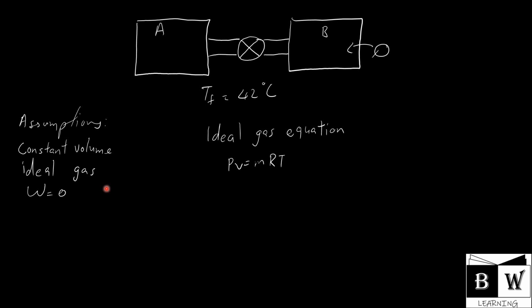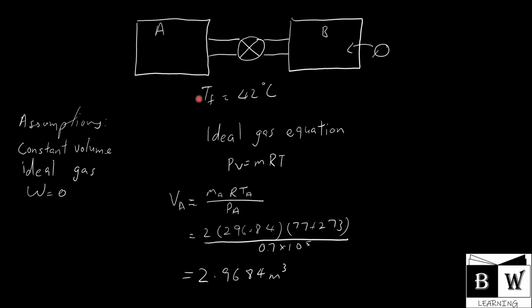So, using the ideal gas equation, PV equals mRT, we can determine the volumes of A and B. We rearrange the equation to find the volume of A. With 2 kilogram, 296.84, which is the gas constant for carbon monoxide, we take 77 degrees Celsius and add 273 to turn it into Kelvin, and divide it by 0.7 times 10 to the power 5.